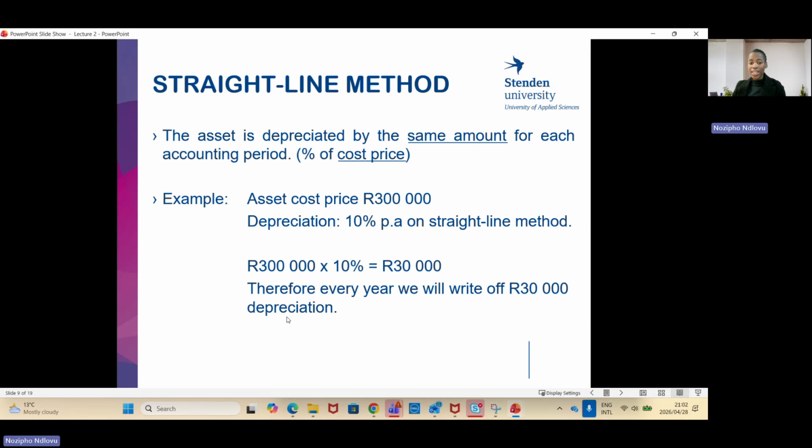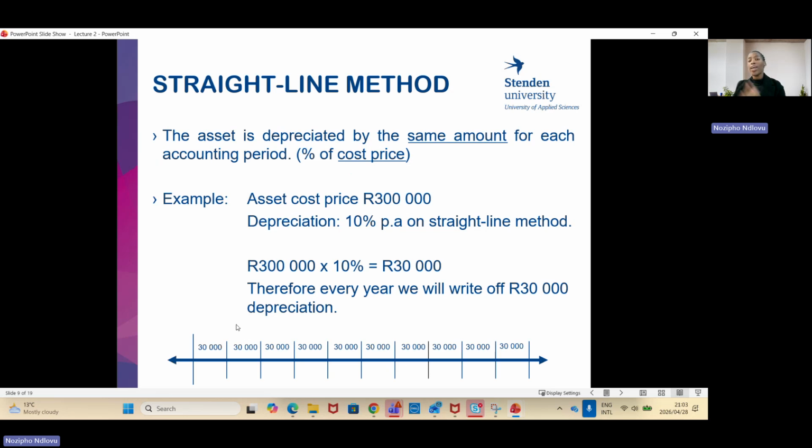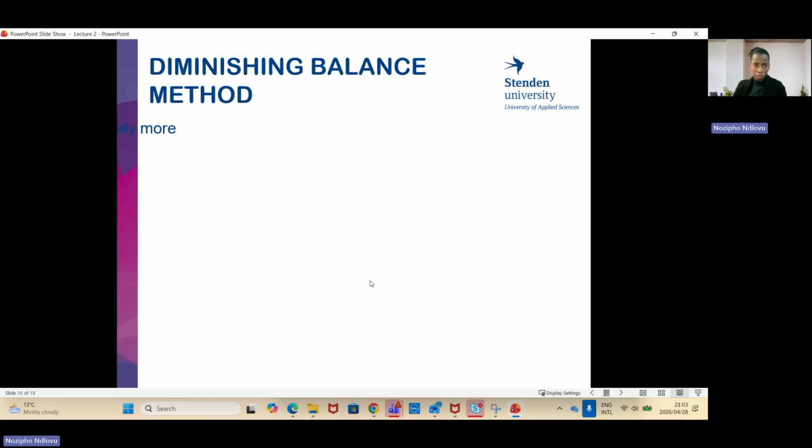Therefore, you need to take that into account for as long as that particular asset is with you. Then eventually, obviously, it will reach a point where it does not have as much value. So you cannot sell it to another person for maybe 100,000 because it would have depreciated.